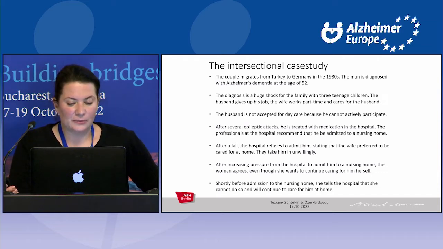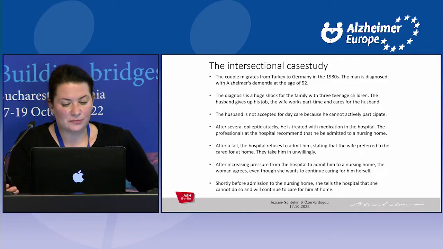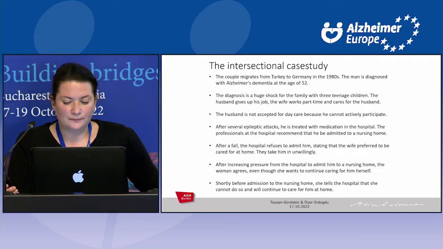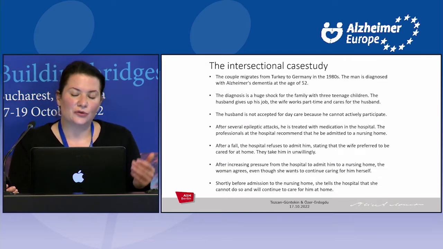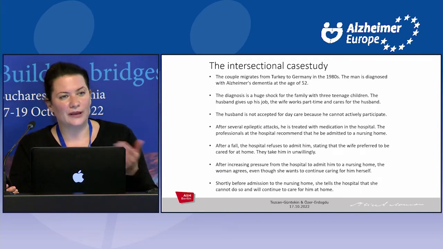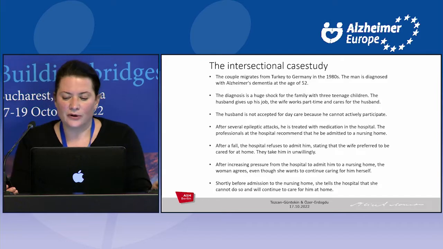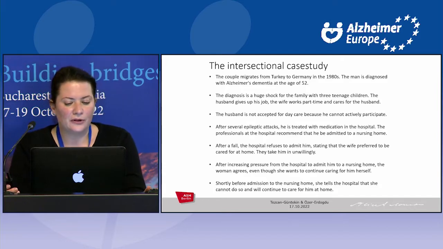And after several epileptic attacks, he is treated with medication in the hospital, and the professionals at the hospital recommend that he be admitted to a nursing home. She took the man home again and cared for him at home for a time, and then after a fall, the hospital refuses to admit him, stating that the wife preferred to care for him at home.